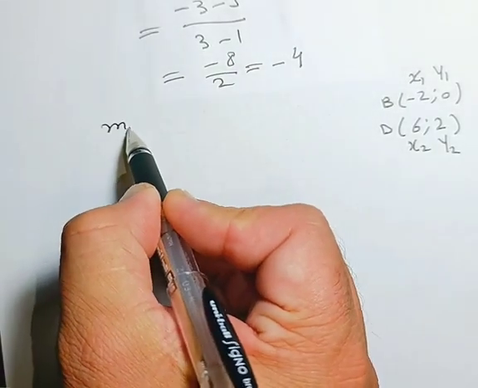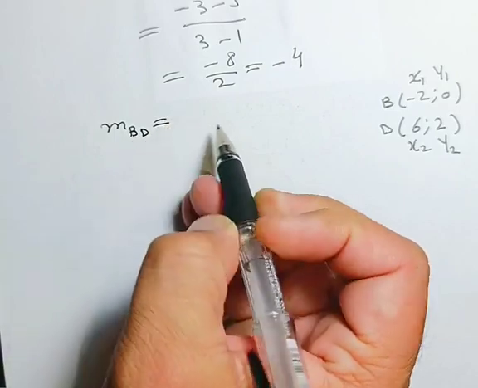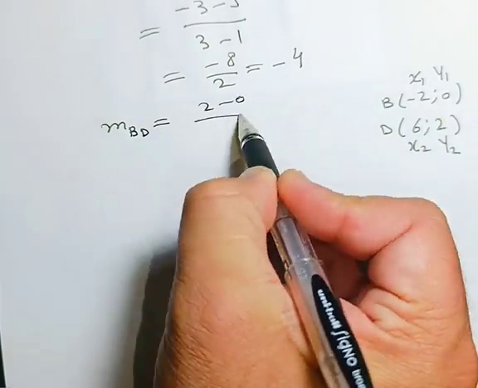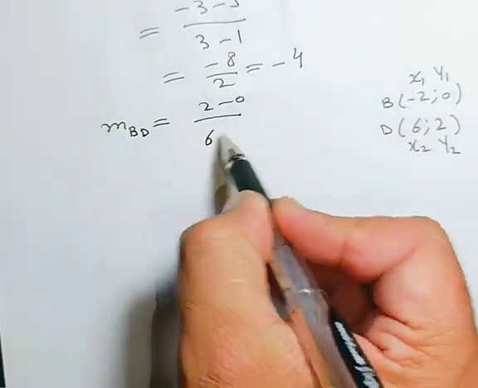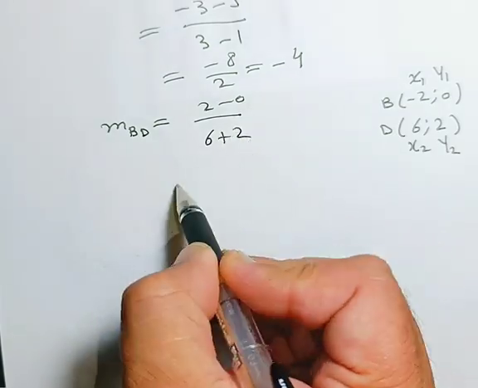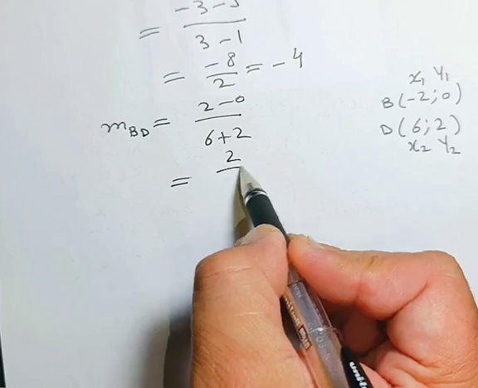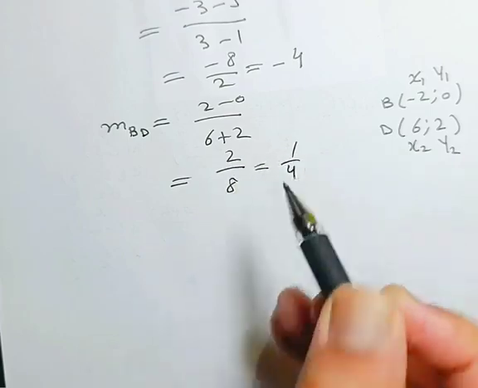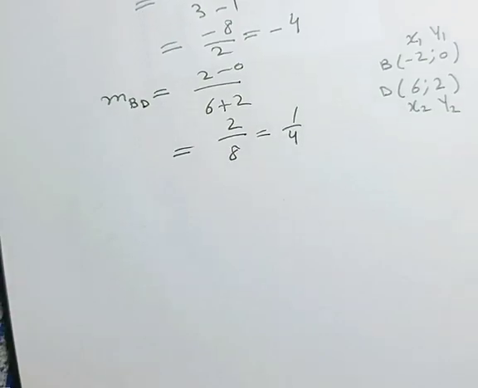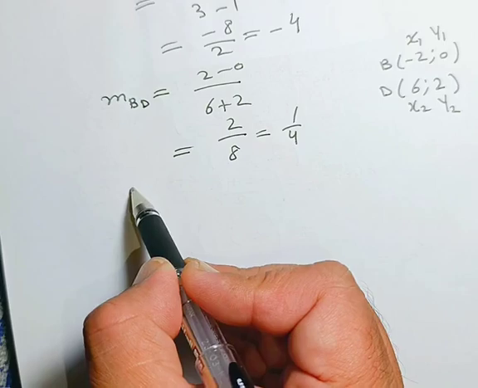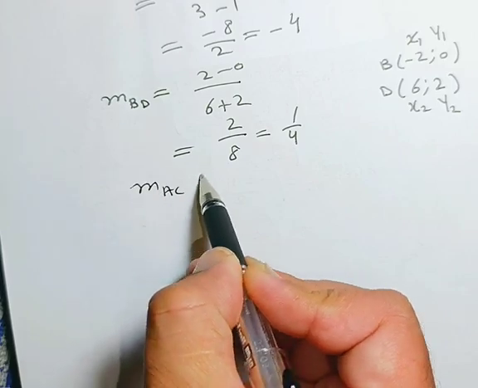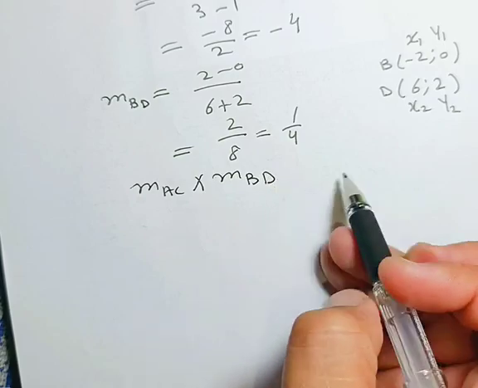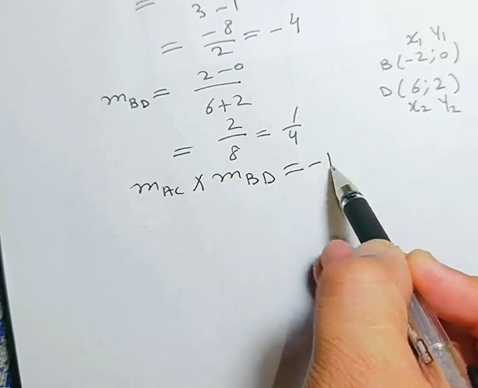Right. Now I'm going to take the gradient of BD. The gradient of BD, y2 minus y1, so 2 minus 0 over x2 minus x1, 6 minus minus 2 becomes positive 8. So top is 2, at the bottom is 8, which is going to be 1 over 4. Now you multiply the gradient of AC by the gradient of BD, and the answer must be equal to negative 1.